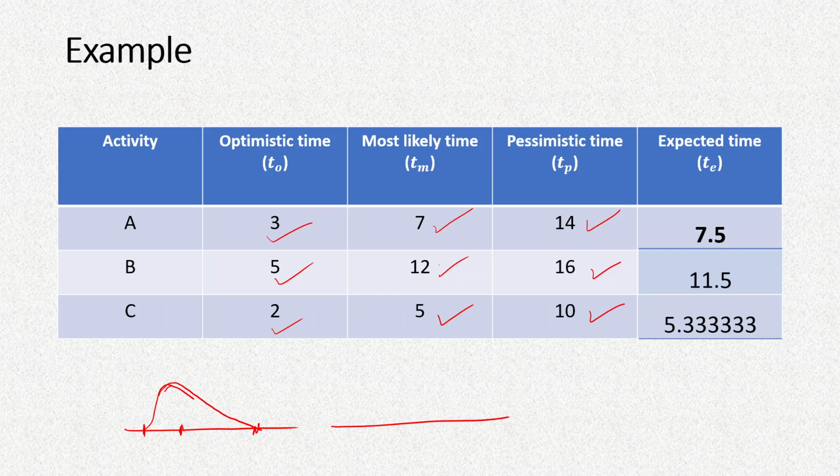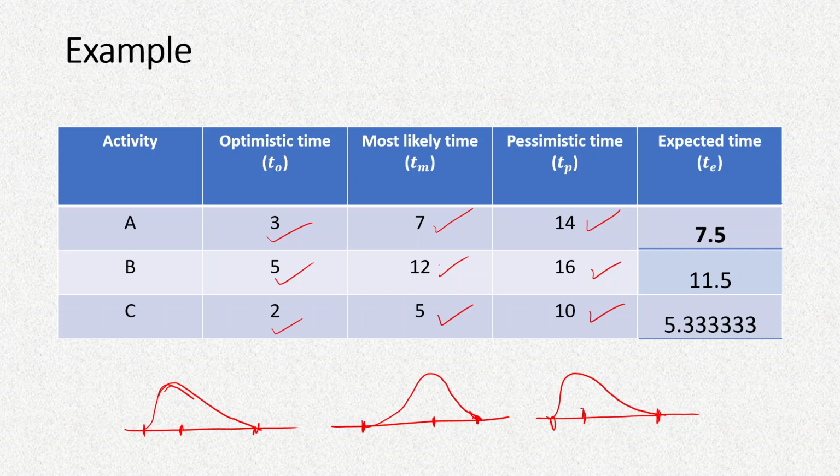For B, it is 5, 12 and 16, so it will be slightly skewed to the right. And for C, it is 2, 5 and 10.